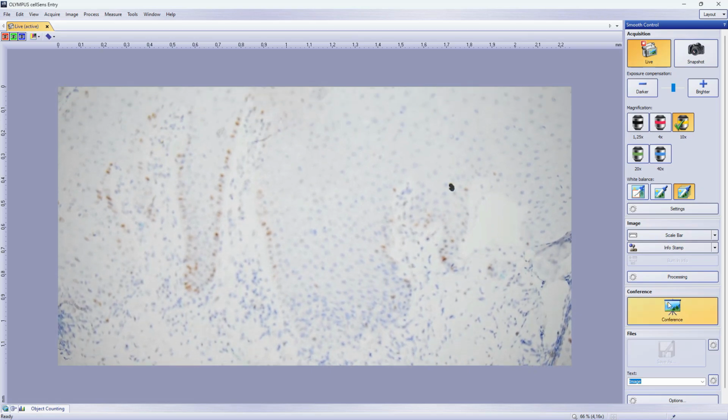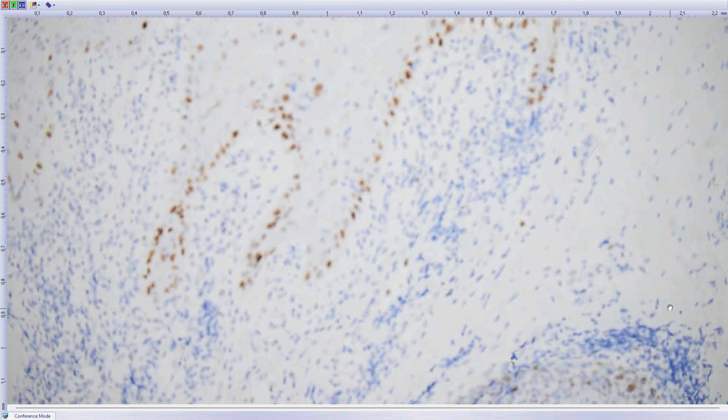It's P53, you can see a continuous row of cells being P53 positive, which is typical for differentiated dysplasia. For example, here. That means it's the same tumor that usually arises in lichen sclerosus in women in vulva.